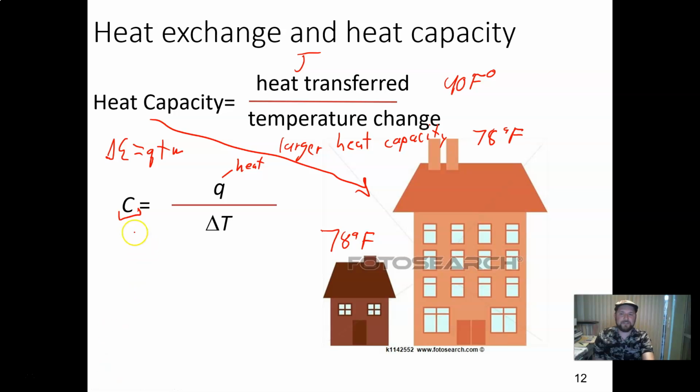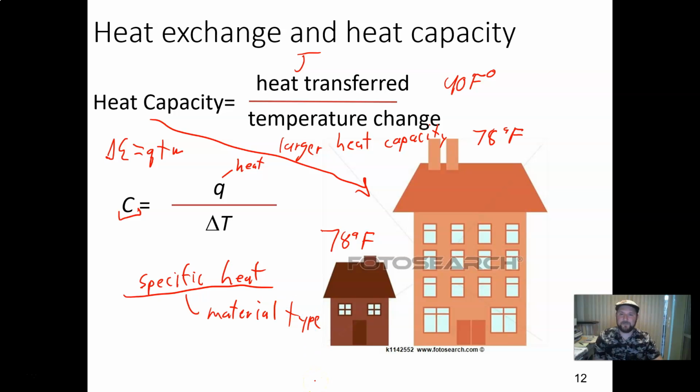What's more important is actually a thing we call specific heat. It's called specific heat, even though this is specific to this house. This house would have a certain heat capacity. Specific heat is specific to material type or the chemical composition.